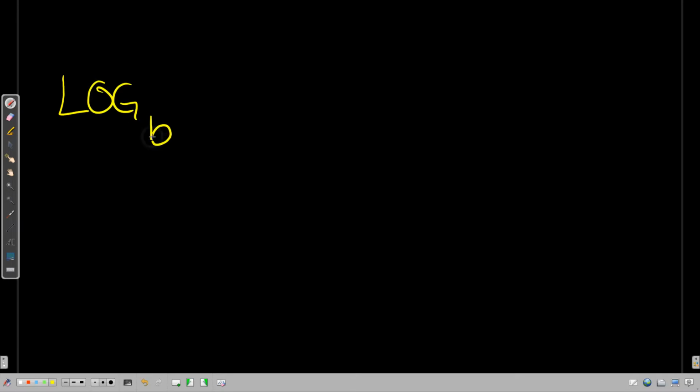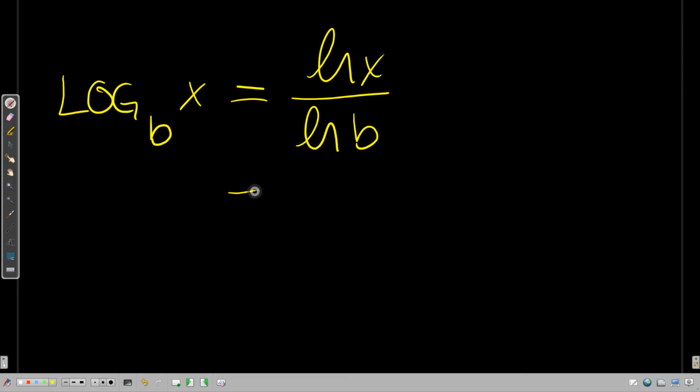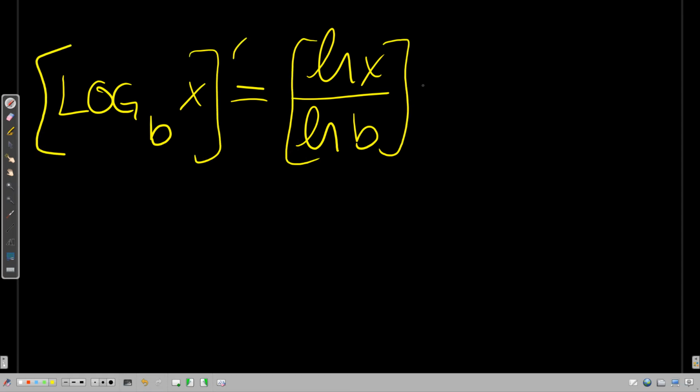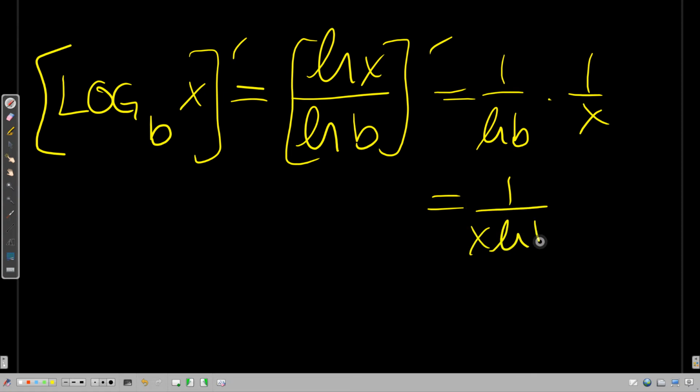If I had the logarithm with some mysterious base b, and here's just x, and you want the derivative of that, then by change of base, this is the natural log of x over the natural log of b. That's just our function. So when you do derivatives, you get 1 over natural log of b times 1 over x, which is just 1 over x natural log b.